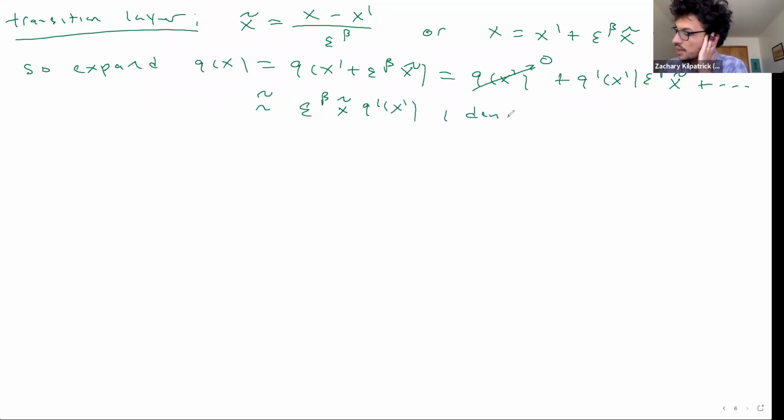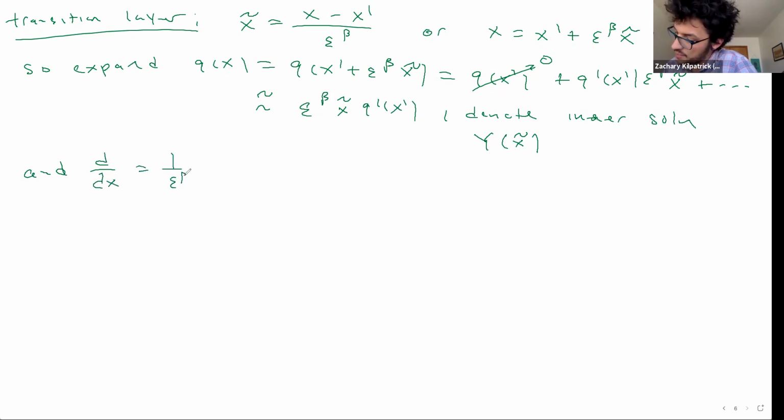Okay. And we're going to go ahead and assume that we have some inner solution y of x tilde here. Okay. Well, then d dx is equal to 1 over epsilon to the beta d dx tilde.